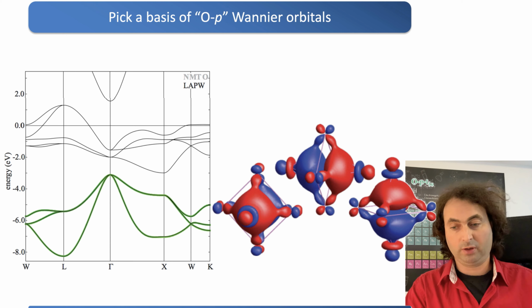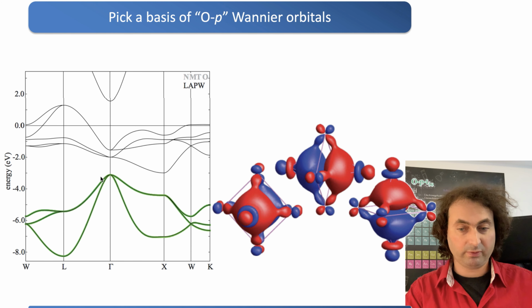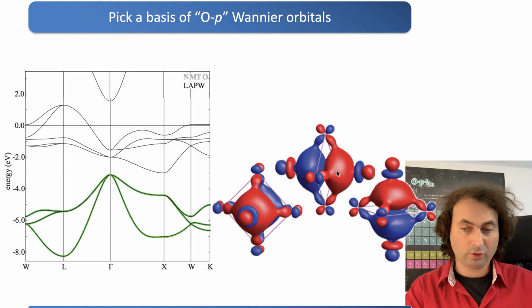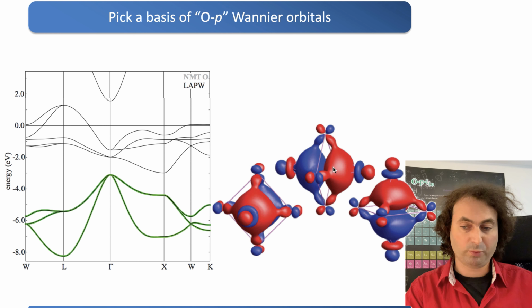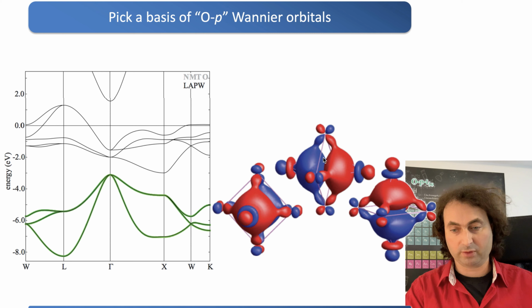Now we can have a look, just for fun, also at the bonding linear combinations, where we focus on the p center. So this is an original p orbital centered at the oxygen side, and now you make a bonding combination in the direction of your orbital with a dz² orbital on the nickel side, making a sigma bond, and in the direction perpendicular to your p orbital, making a pi bond with xy-like orbitals.